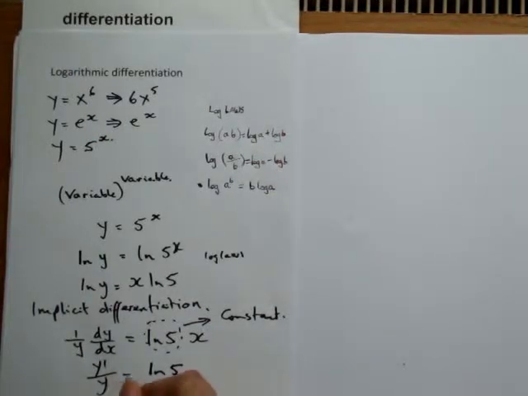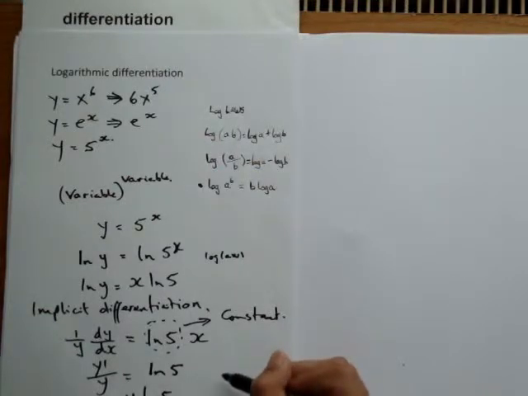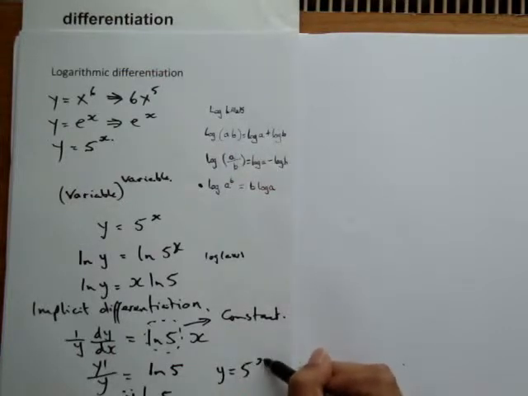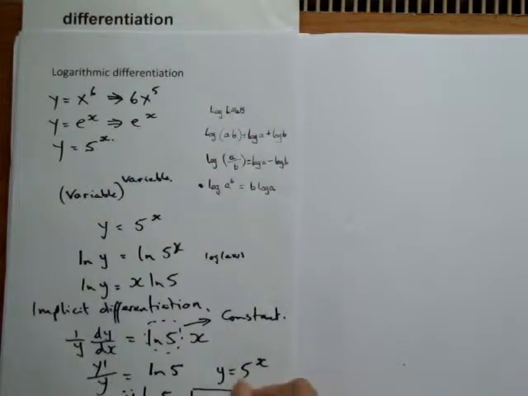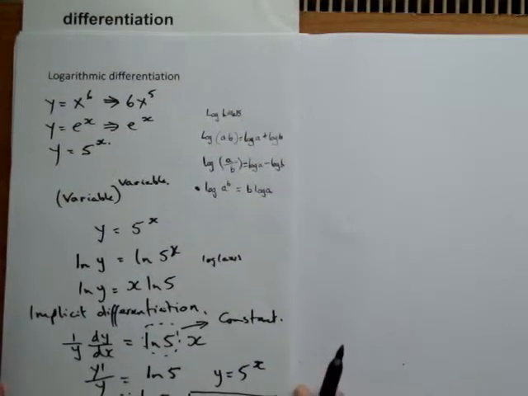So y prime equals y, taking the y to the other side, natural log of 5. Now y equals 5 to the power x, so when we replace that, y prime equals 5 to the power x natural log of 5. And that is our answer.